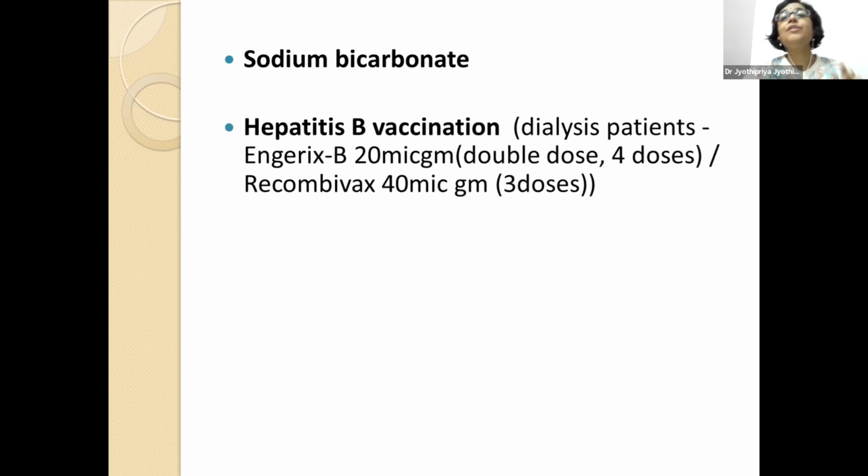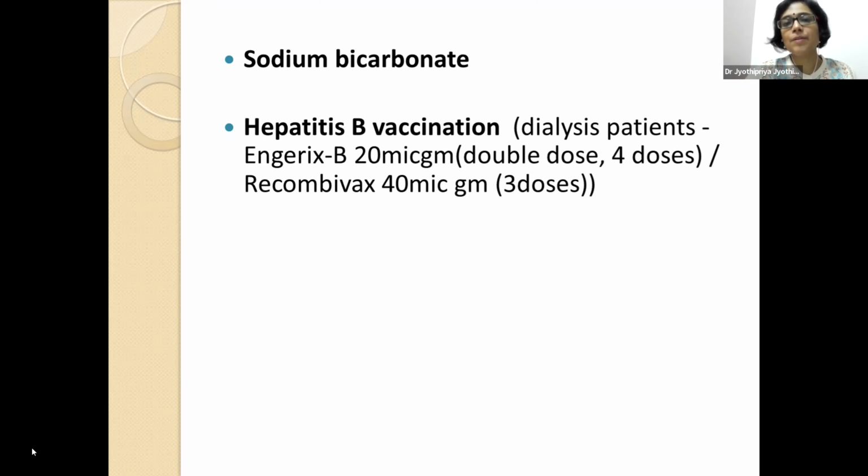Then regarding vaccination in CKD, especially in case of hepatitis B vaccination, it is better to start in the early stage rather than starting at the verge of dialysis. Because once you start in the early stage, the immune mounting capacity of the patient will be more compared to advanced stages of CKD.